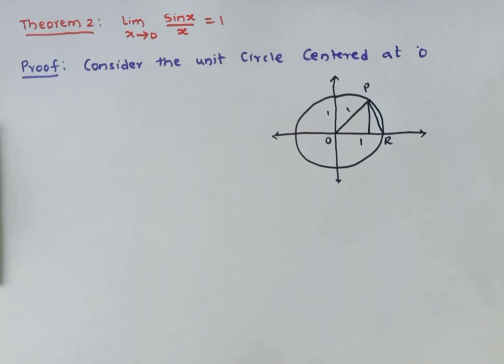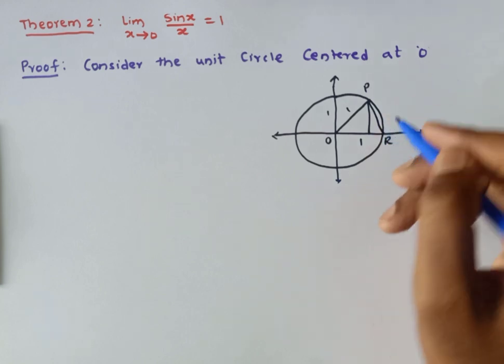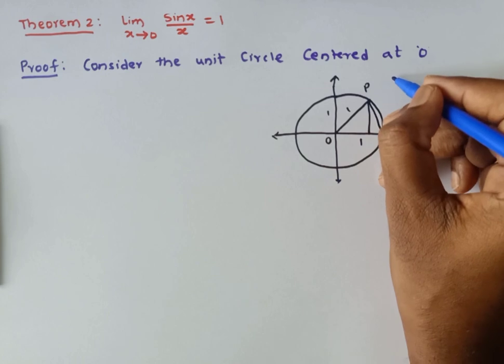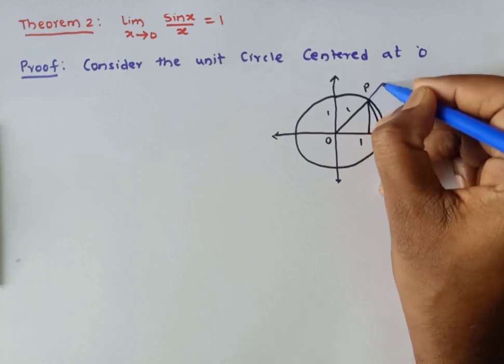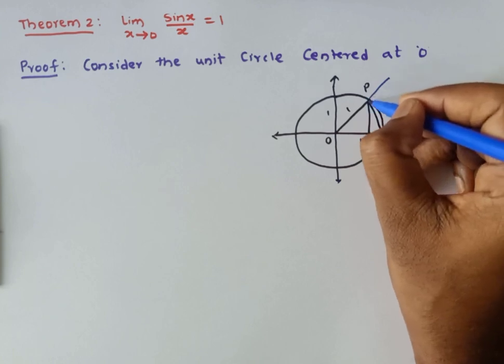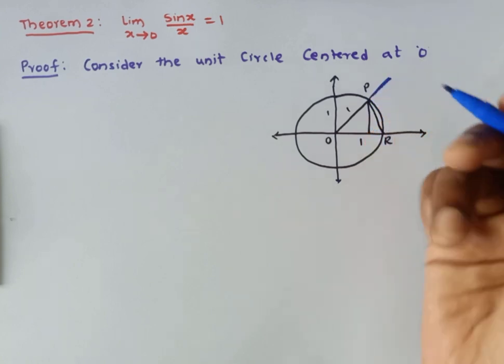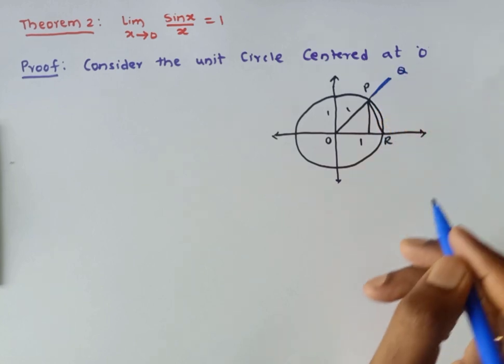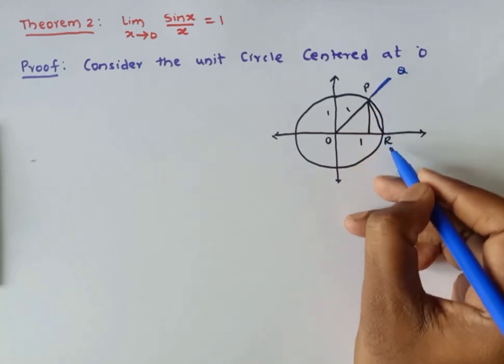Here you can extend this point P outside the circle to some other point in the plane, let it be Q, since there are infinite number of points in the plane, right? So I am extending this to Q.